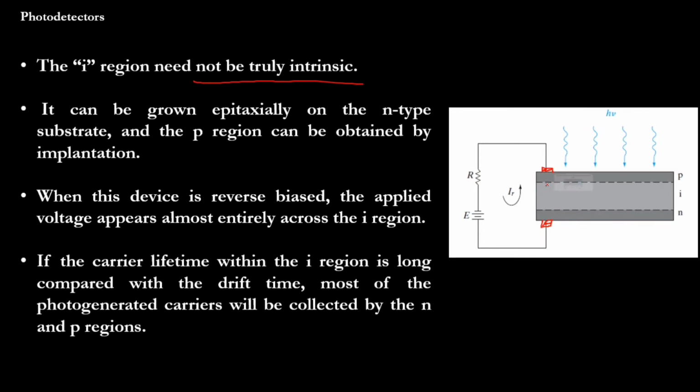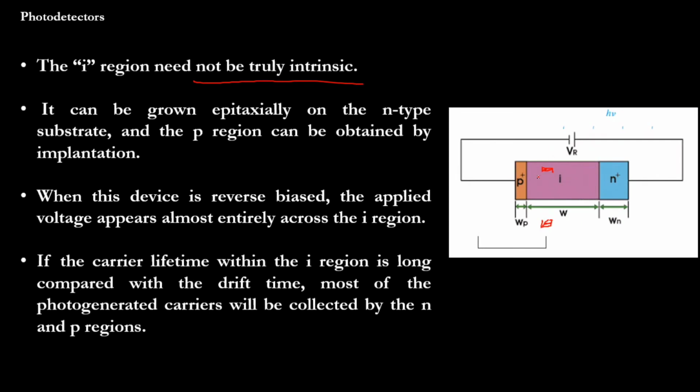Okay, look at this diagram. This type of diagram will be more convenient for explanation. We have P-type material here, N-type material here, and the intrinsic region is sandwiched in between, and I have applied a reverse bias to this PN junction. N side is connected to positive and P side is connected to negative.